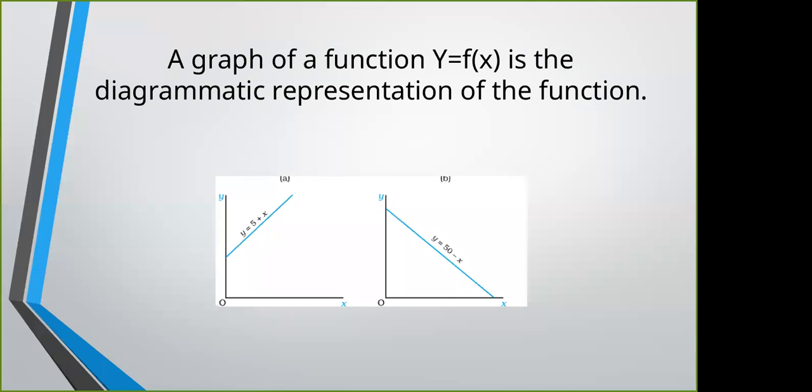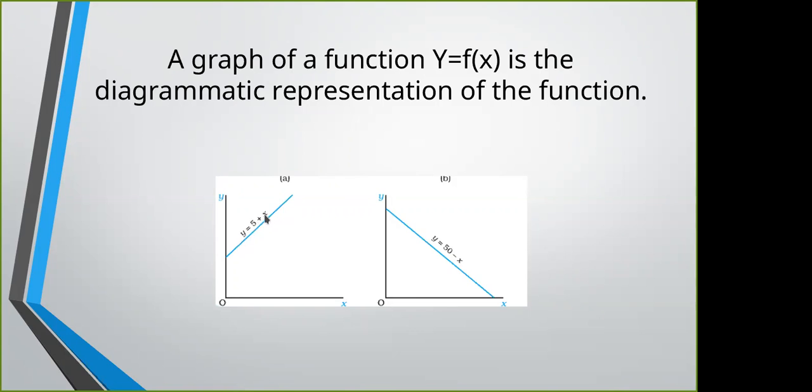So a graph, in this case of a function, that is y is a function of x, is a diagrammatic representation of the functional relationship between two variables. It may be two variables or more variables, but for the sake of simplicity, we are just discussing two variables. You can see here that y is equal to 5 plus x.